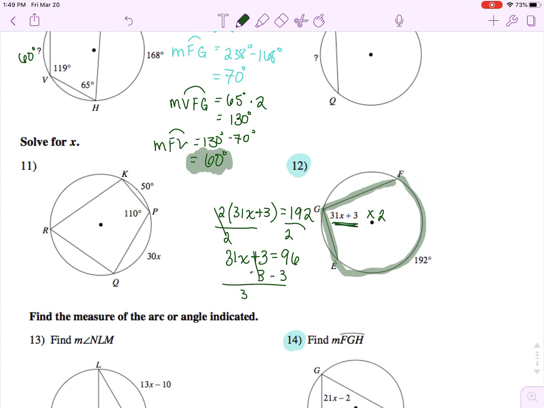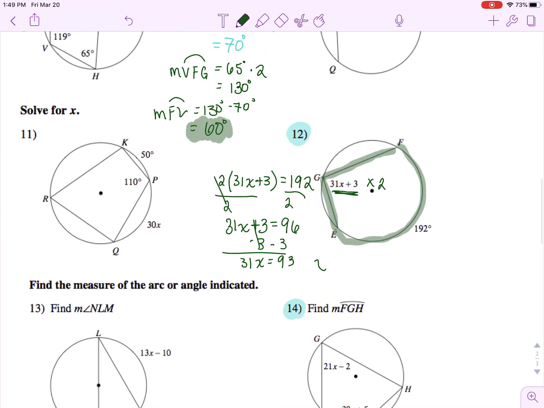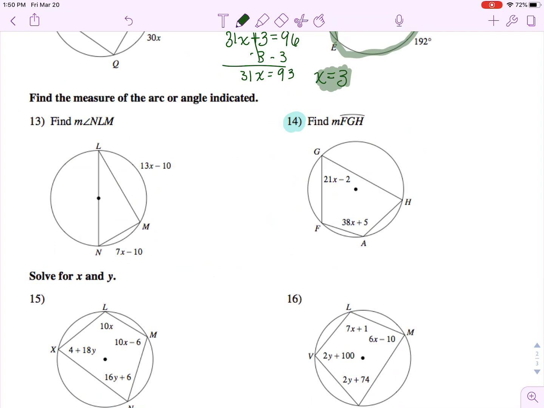From here, we'll subtract 3 from both sides. Divide by 31. You should get that x is 3. And then you can go back through and check it, right? 31 times 3 plus 3 should give you 96. When you multiply by 2, you should get 192. So that does check out.